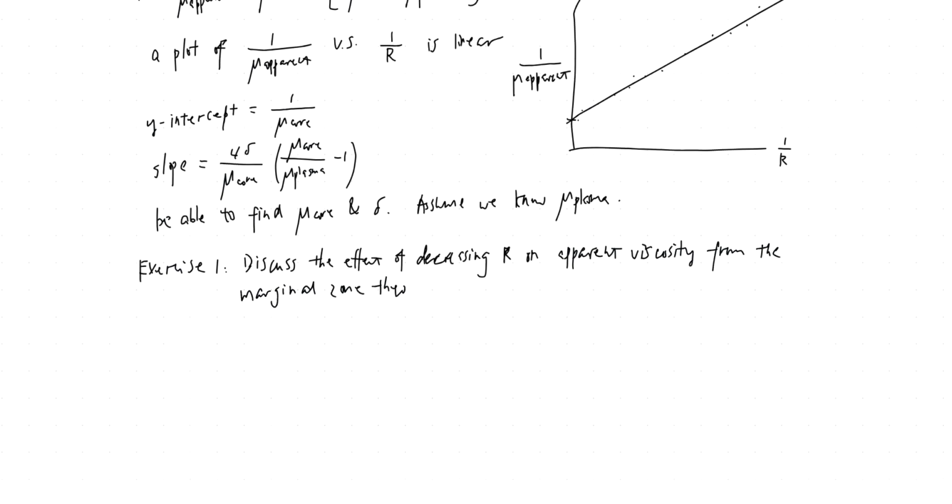Basically, explain how the equation we just obtained can be used to explain the Fahraeus-Lindqvist effect. Also discuss the effect of decreasing R on apparent viscosity, and also discuss its physiological significance.